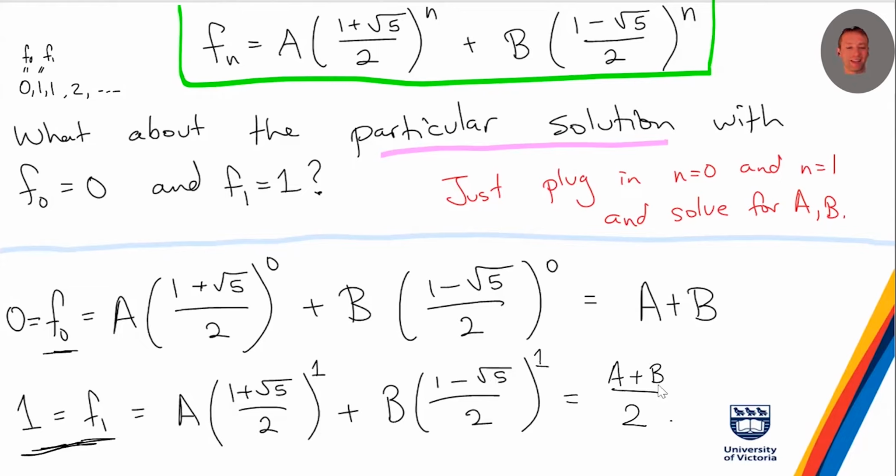There's no cancellation there. I should just do this a bit slower. So a plus b, plus root 5 times a minus b, over 2. Is that clear, how I got that? This is just algebra.